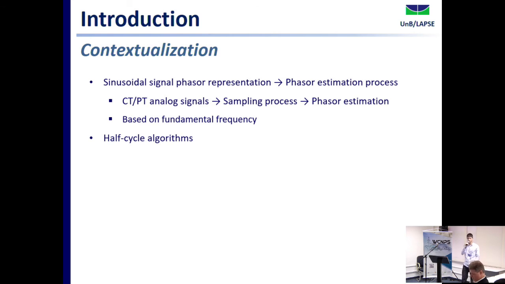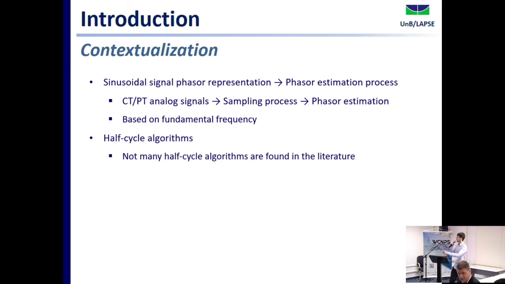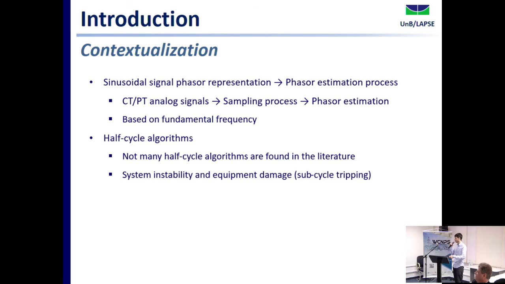Regarding half cycle algorithms, not many can be found when we compare to full cycle ones. Due to the speed that they can provide, it could help in system stability as well as equipment damage. One question that may arise is why study phasor estimation?